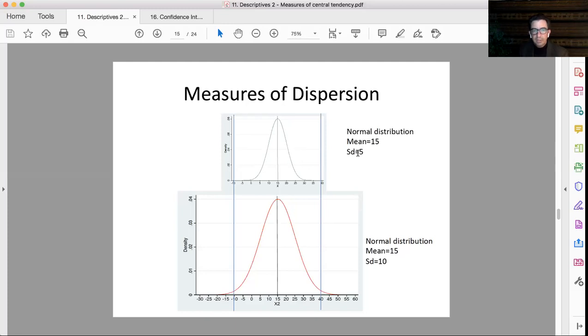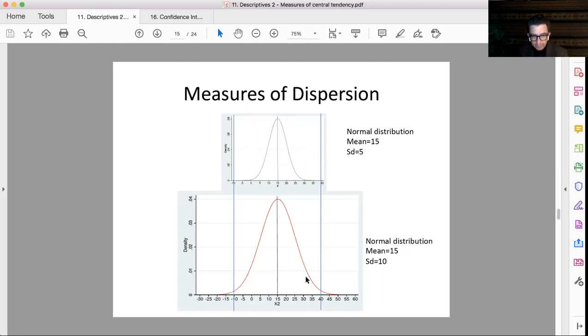And the standard deviation is one of those measures of dispersion that we'll talk about. So in this case, we have a distribution here with a standard deviation of 5. In both of them, the mean is the same. And you see in that one, most of the observations are falling pretty close to that mean of 15.